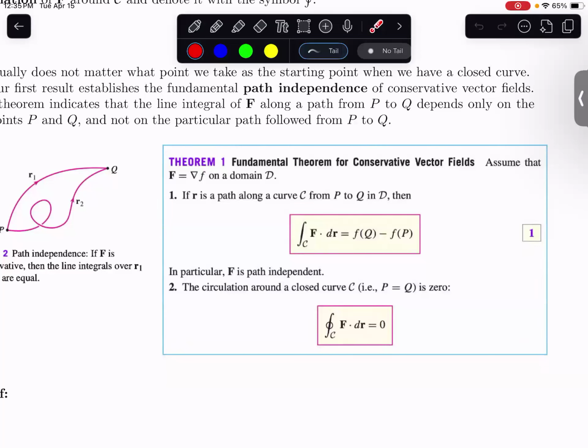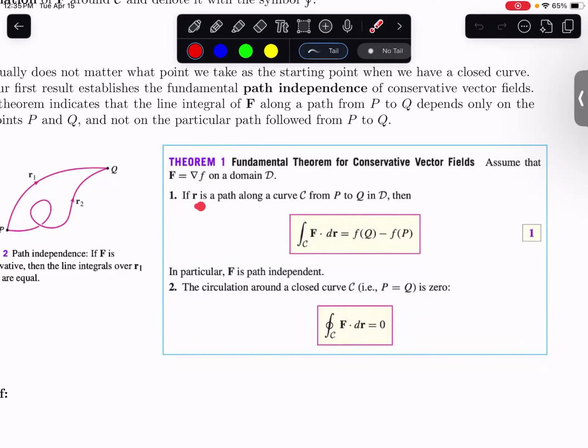All we're going to do is assume that big F is a conservative vector field, meaning there exists a scalar function little f such that the gradient of little f is equal to big F on a domain D. The first part is the important part.